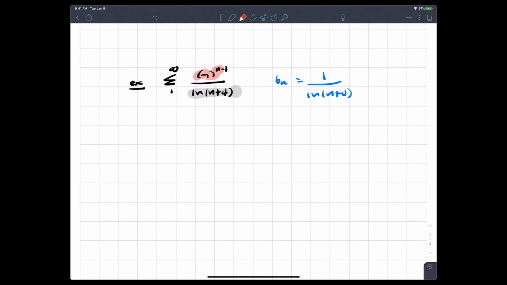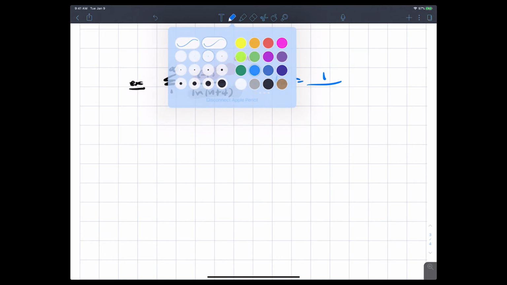And here's our alternating mechanism. So maybe I just call that AM for alternating mechanism. So we have to see if bn, which is 1 over the natural log of n plus 4, is actually decreasing, right?